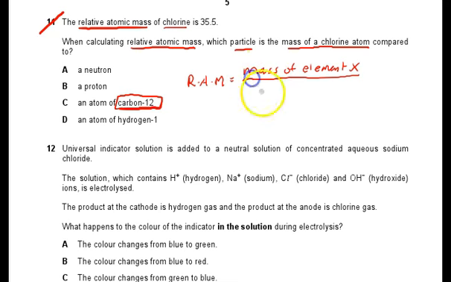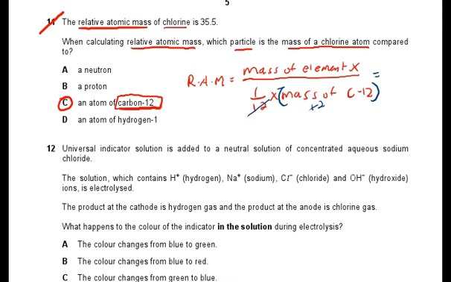So they mentioned that it is 1 over 12 multiplied with the mass of carbon, C-12. Here you can substitute with 12, so 1 over 12 multiplied with 12, you'll be getting 1. So it is being compared with carbon. Okay, so your answer here will be C.